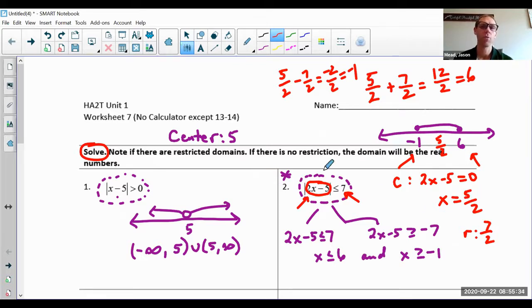I'm trying to find what the actual answers are. So in this case, what is my answer? My answer is all the x values that work. So my answer would be, in interval notation, negative 1 to 6. If I don't give that as my answer, then I haven't actually finished the problem.